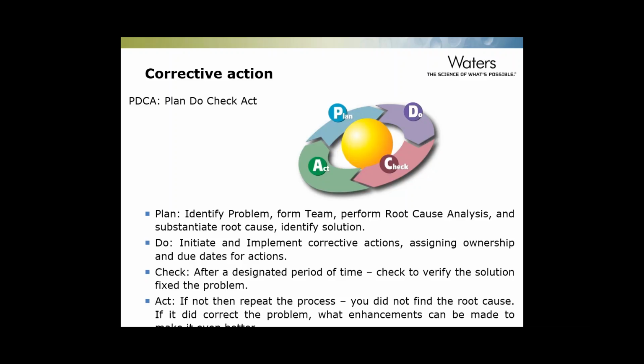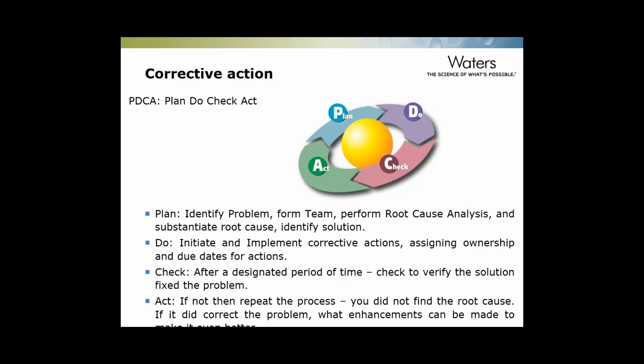We've done all those things, and we come back and find out that the balance was not calibrated and it was off. So then, once we identified those causes, what do we need to do? We initiate and implement corrective actions. We assign the ownerships with due dates for those actions.